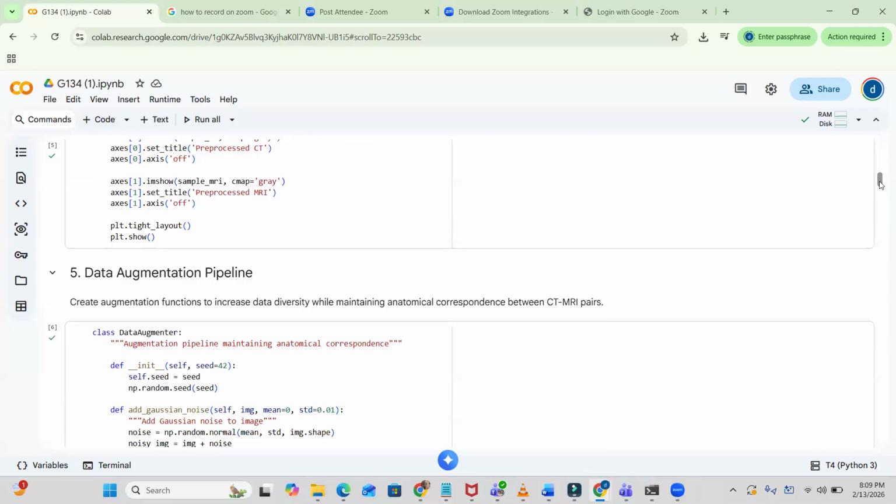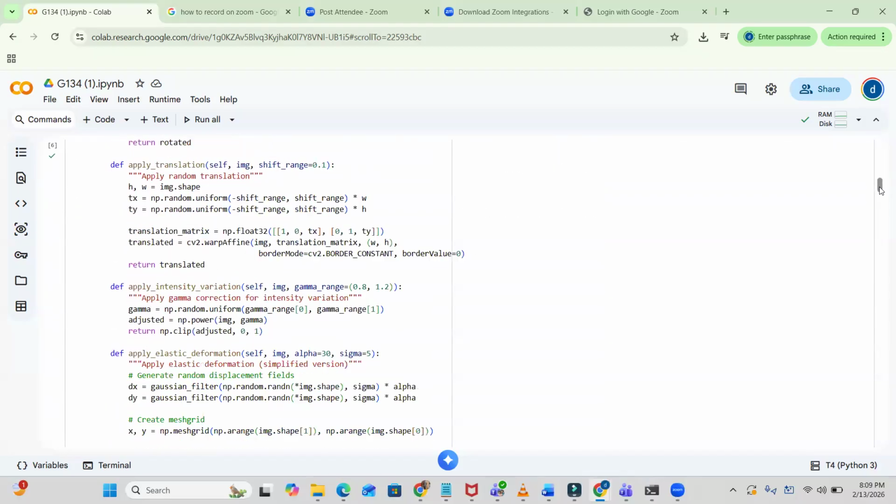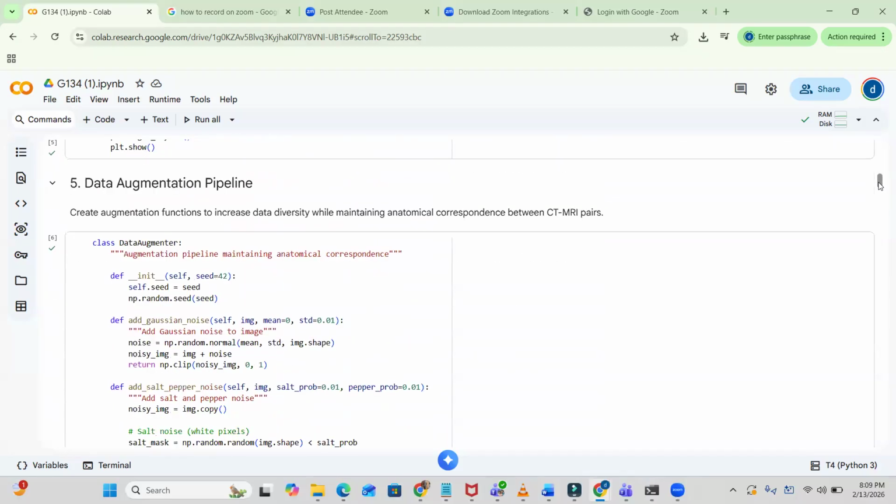Thanks, Dilip. Can we go to section 5, the augmentation code? Thank you everyone for giving me the opportunity to present this. I built the data augmentator that maintains anatomical correspondence during the augmentation. The biggest challenge I faced was pairing the CT and MRI images.